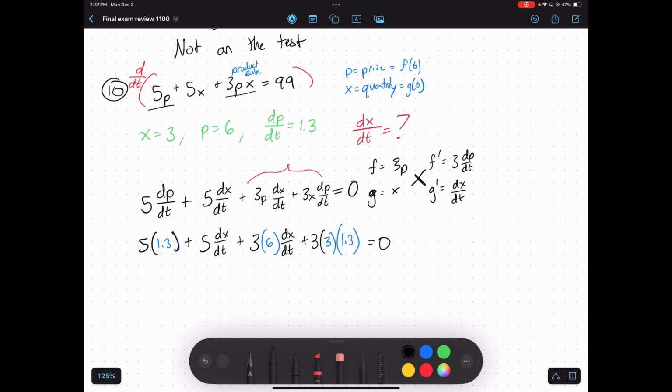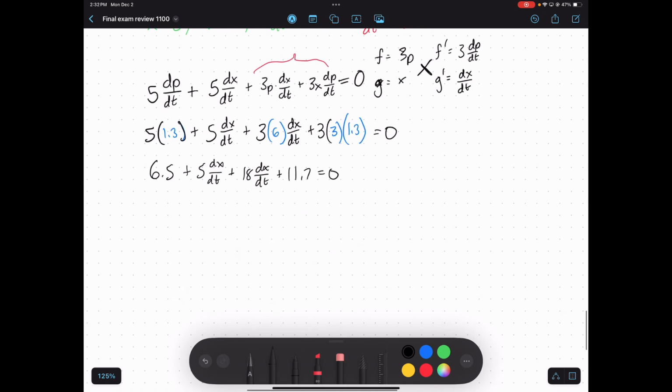Okay. After I plug all this in, I have 6.5 plus 5 dx over dt plus 18 dx over dt plus 11.7, still equal to 0.